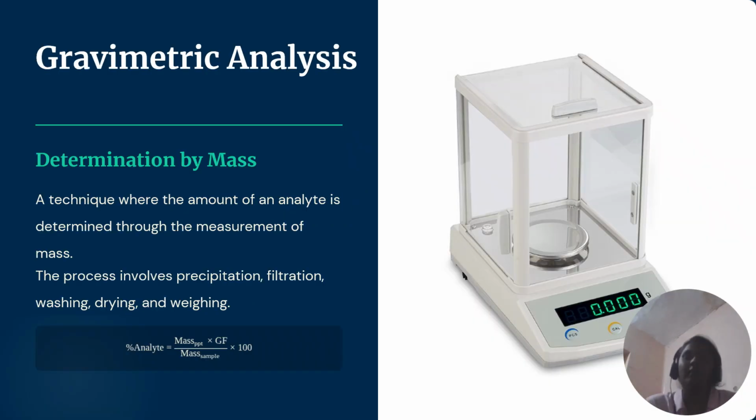If we take an example, gravimetric analysis is one of them. It is determination by mass, a technique where the amount of analyte is determined by the measurement of mass. The process involves precipitation, filtration, washing, drying, and weighing. Quantitative analysis is known by quantity, like mass, volume, etc.